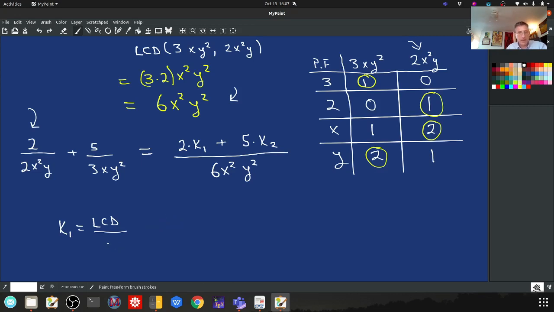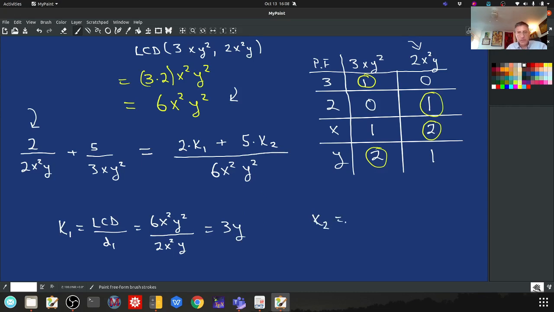It's divided by my first denominator, 2x squared y. Well, 2 divided by 6 is 3. X squared divided by x squared is 1. Y squared divided by y is y. So K1 is equal to 3y.